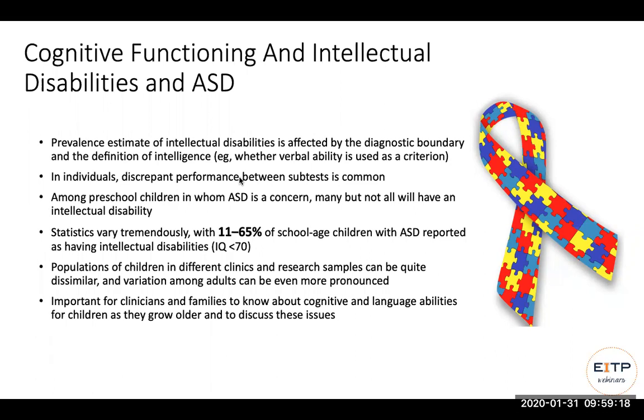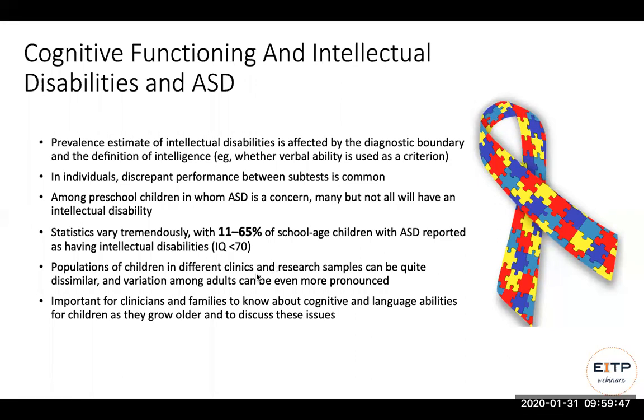In some kids, the verbal intelligence is a little higher, and in other kids, the visual spatial intelligence is a little bit higher or much higher. So there's a lot of variation in the percentage of intellectual disability in autism. That's because there are different definitions for intellectual disability, and different populations of autism in these studies.